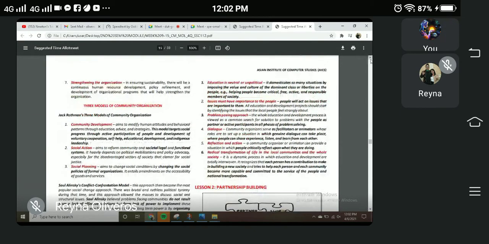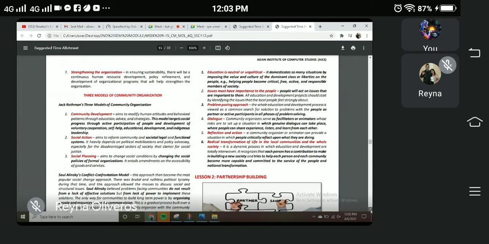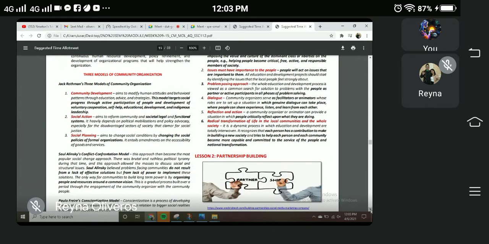Number 1, education is neutral or unpolitical, because according to it, an individual should develop their critical concerns about their situation. So, under this, education should be neutral or unpolitical, because during the time of Paulo Freire.